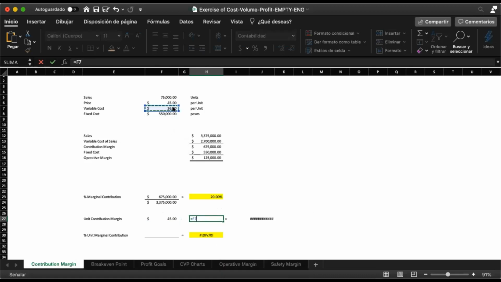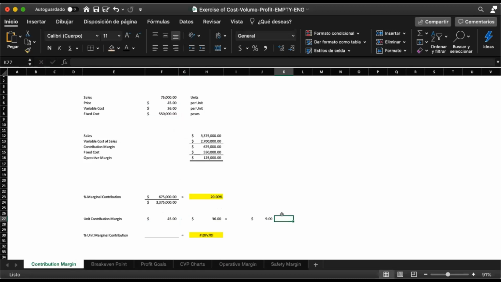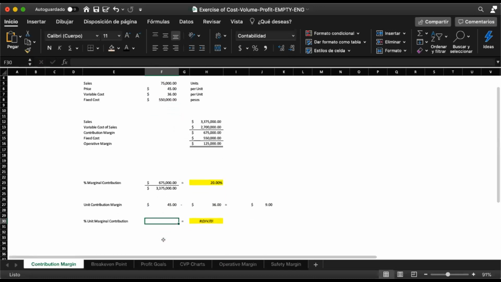And how will you check if what you are thinking is correct? I think that if you multiply the 9 by the sales, it is the same contribution margin. Yeah, that's one way. Another way would be to get the percentage contribution margin on the units.